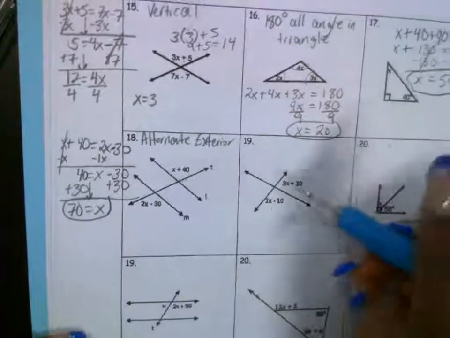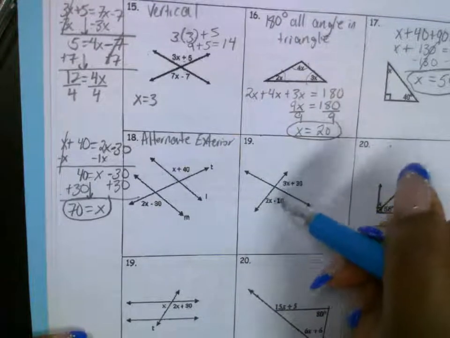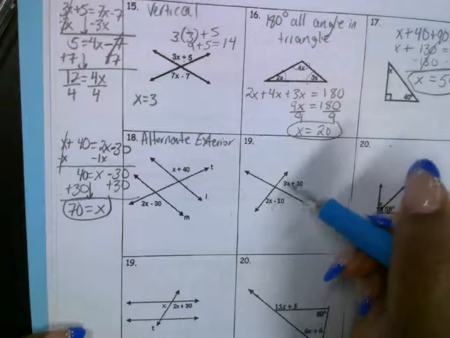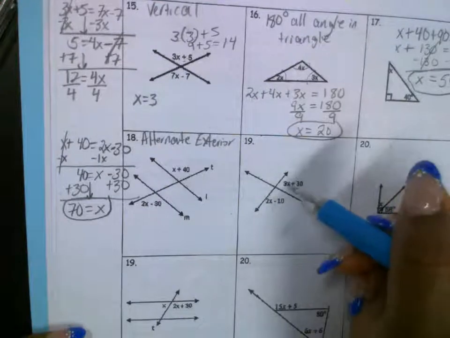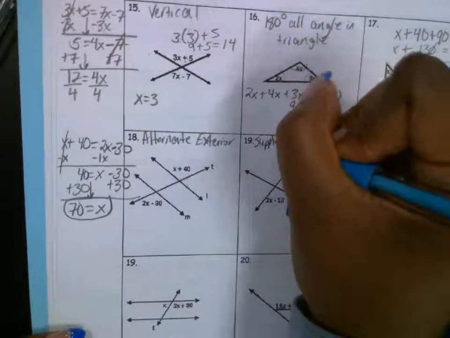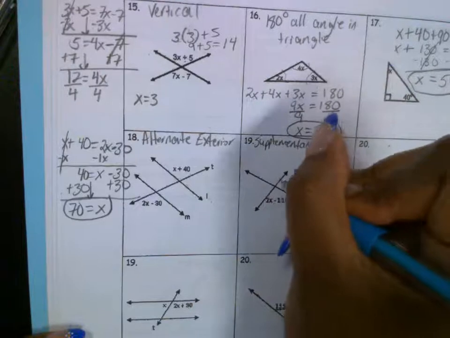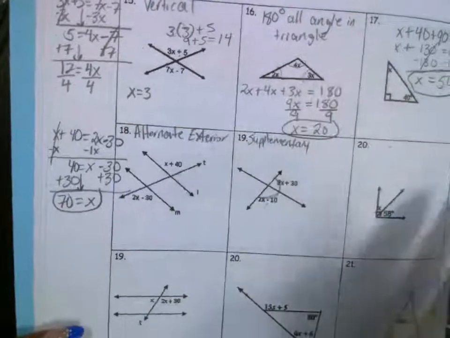All right, what's the relationship between these two angles that are right by each other? They're adjacent. What's the relationship between them? They're supplementary. That means when you add them both together it gives you 180.